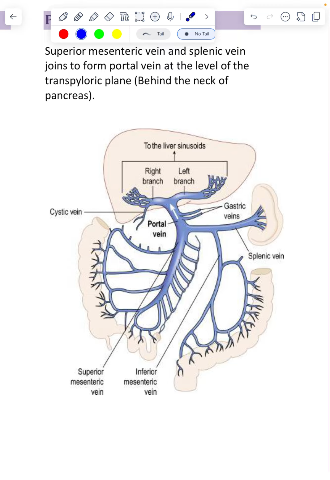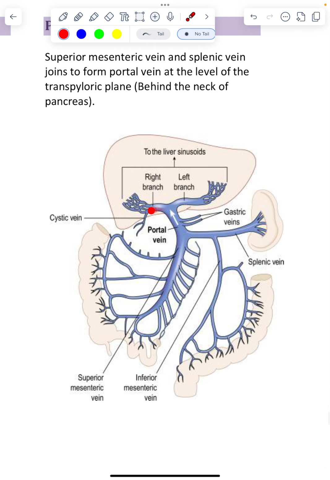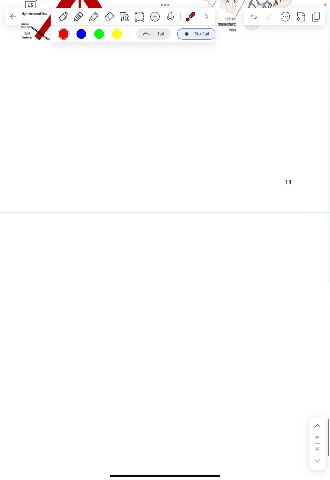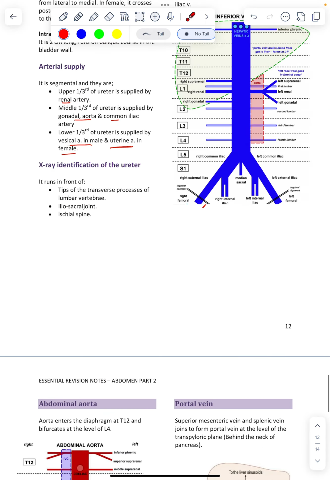The inferior mesenteric vein joins the splenic vein, and both of these join with the superior mesenteric vein to form the portal vein behind the pancreas. This picture will give you the exact details. The portal vein then divides into right and left branches, which open into the liver sinusoids. So these are the important figures in anatomy.